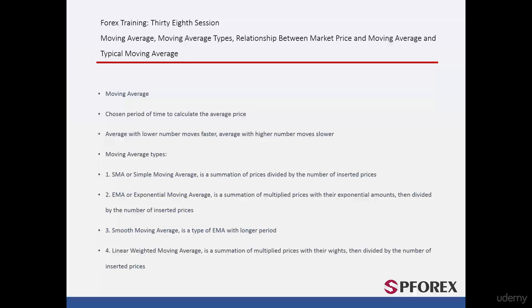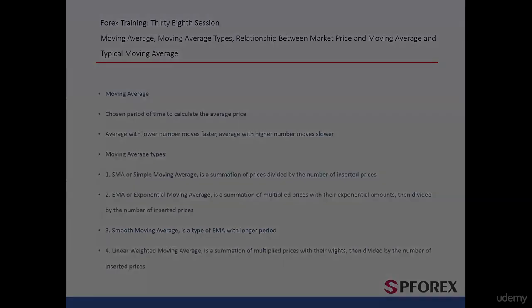The maximum weight, which is multiplied by the most recent price, is the number of prices inserted into the LWMA. The weight of each price is deducted by the number of time frames away from the latest price, so the earliest time frame will be multiplied by 1.